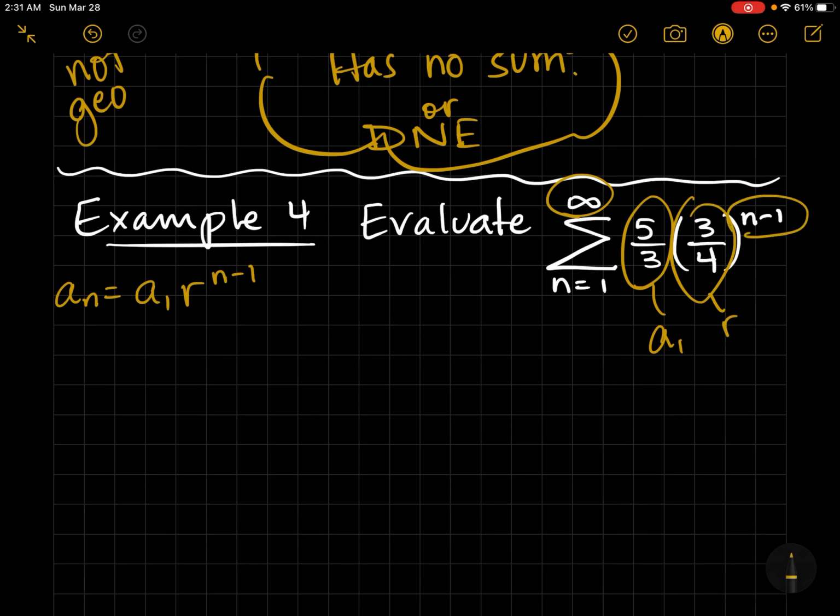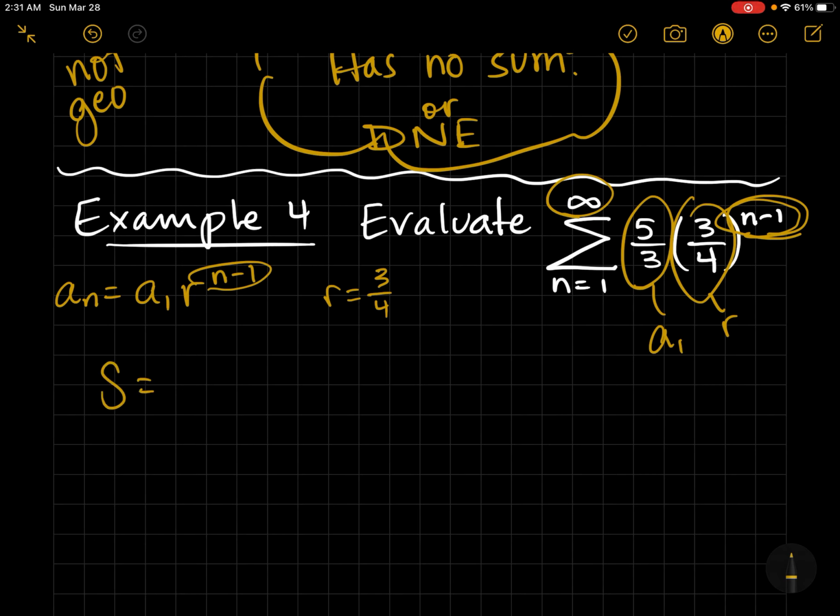Now, if it's not in this exact format, you might want to write out a few terms in order to understand better what's going on. But this one with the n minus 1 is a dead giveaway. That's our A1 and that's our R. So what I'm going to do now is notice that the ratio equals 3/4, which is less than 1. So I'm in excellent shape again.